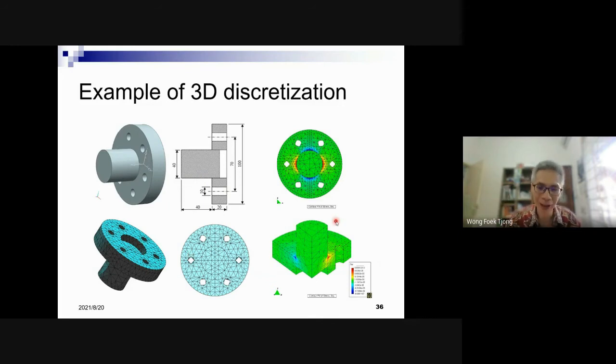So he made his own program to do this analysis. So that's one of my students in the past with me, and they do like this. This is 3D.